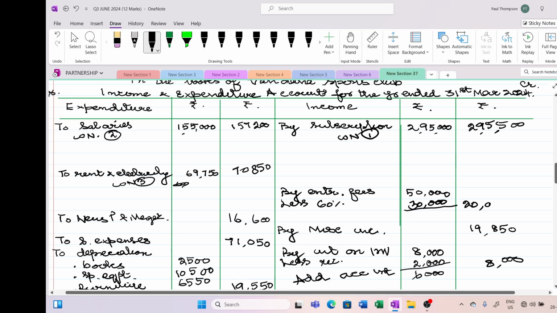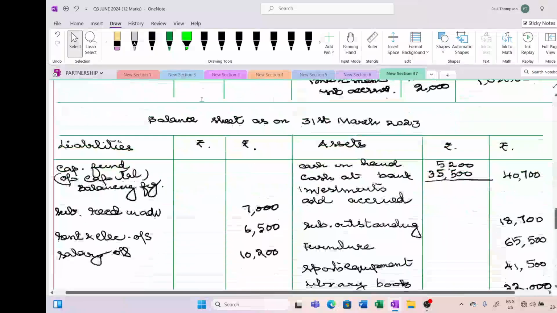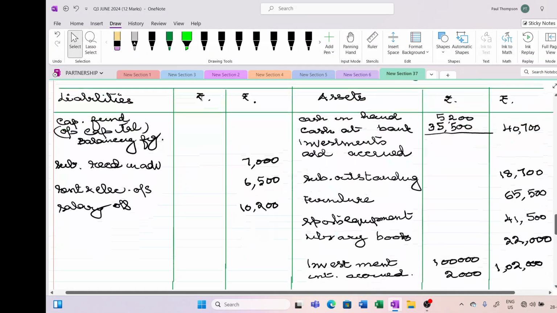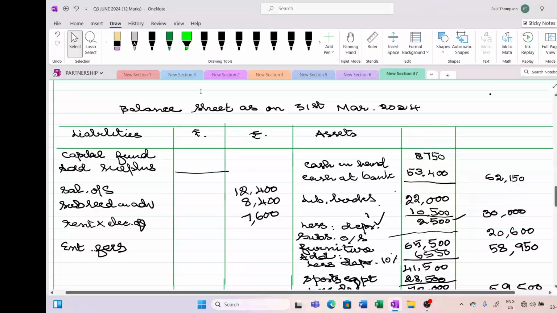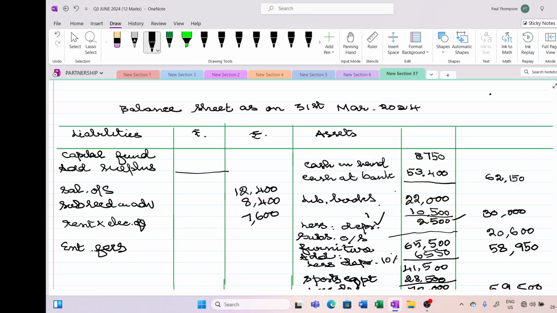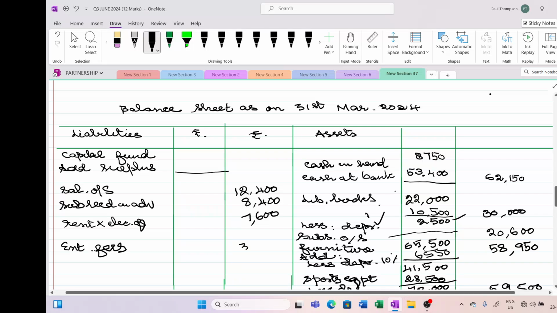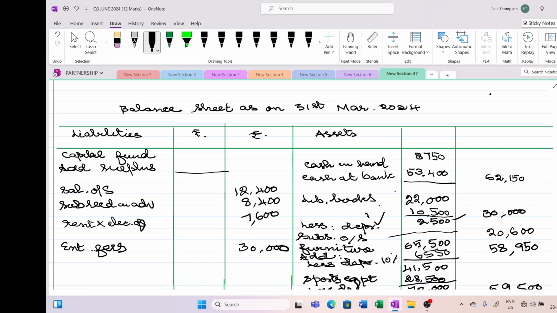Only 20,000. So this entrance fees should go to your balance sheet. Entrance fees 30,000. Okay. So now we have recorded all the items.